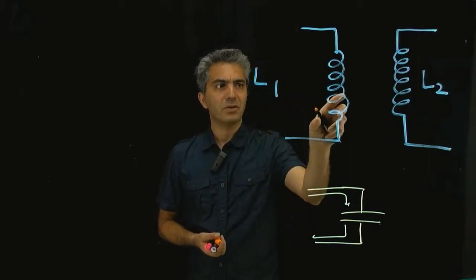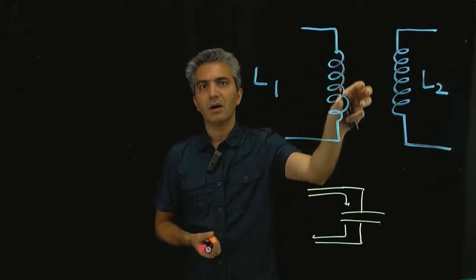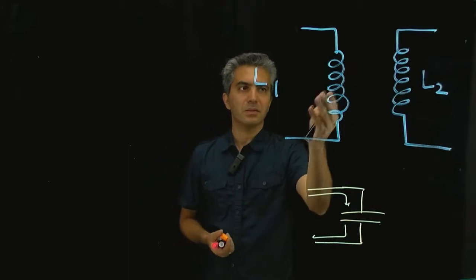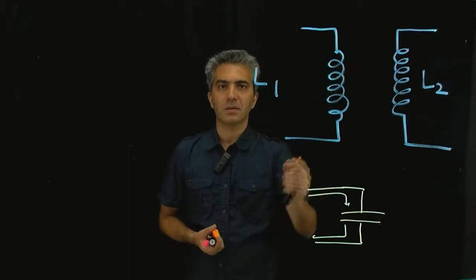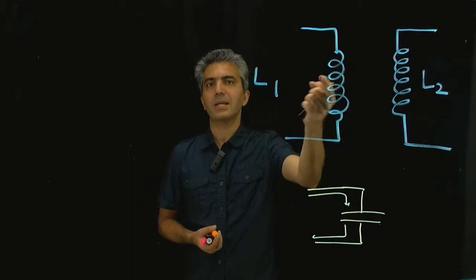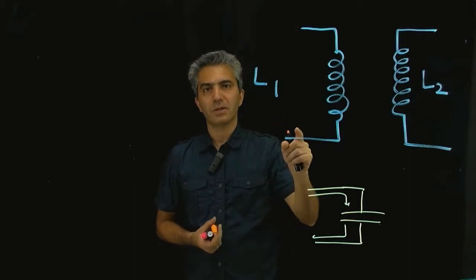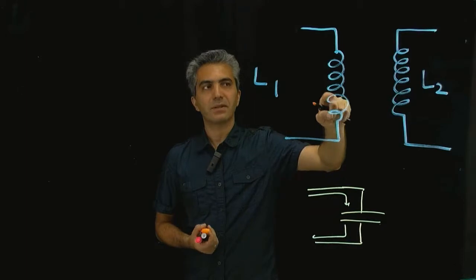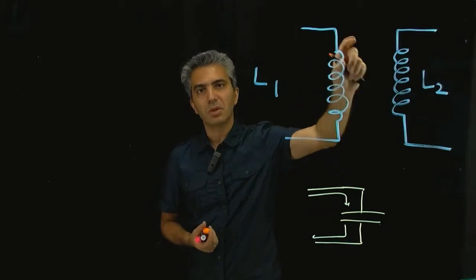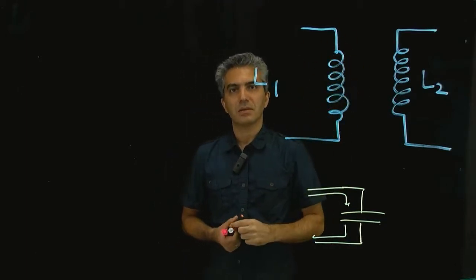We can relate that to the geometry of this component, the way that we are forming the inductor. And also, obviously, it has to have something to do with the medium in which the magnetic field is forming.